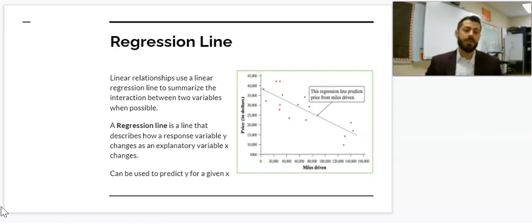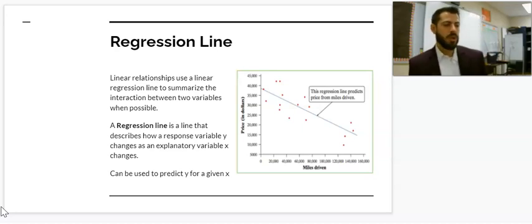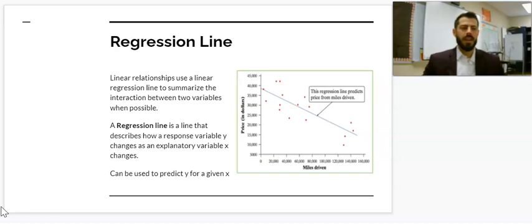We know that r describes the strength and the direction, but it doesn't give us a whole lot else. Linear relationships are something that's easy for us to understand because of all the math that we have as our background. So LSRLs basically allow us to take something familiar and use it to describe something that is not easy to describe.